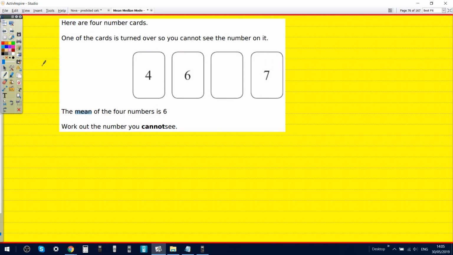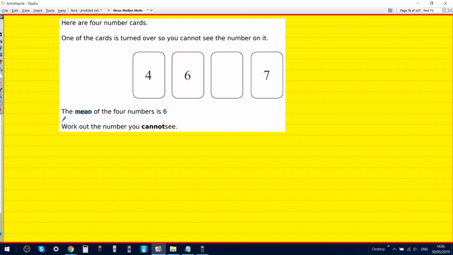How about this? The mean of 4 numbers is 6. So rather than divide by 4, we're timesing by 4.